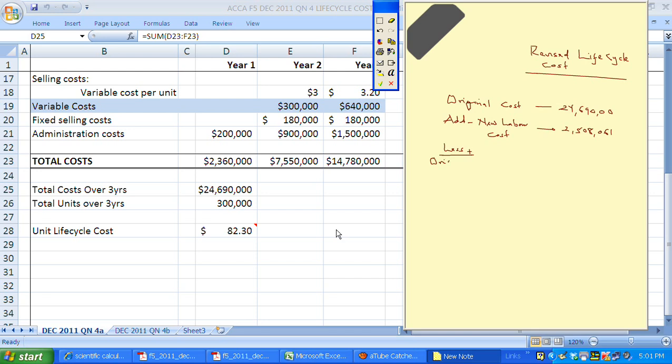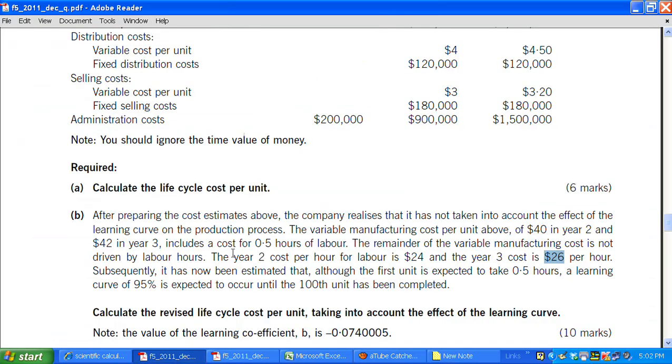So how do we get the original labor cost? In year 1 we had 100,000 units. Each unit takes 0.5 hours and each hour is valued at 24. Where am I getting this information from? It includes a cost of 0.5 hours of labor.